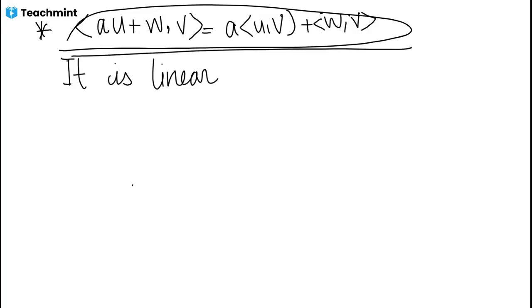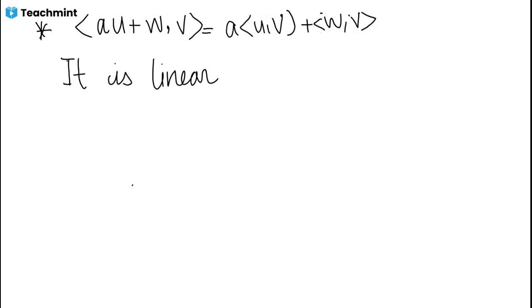When you need to prove linearity in its first argument, then use this property.